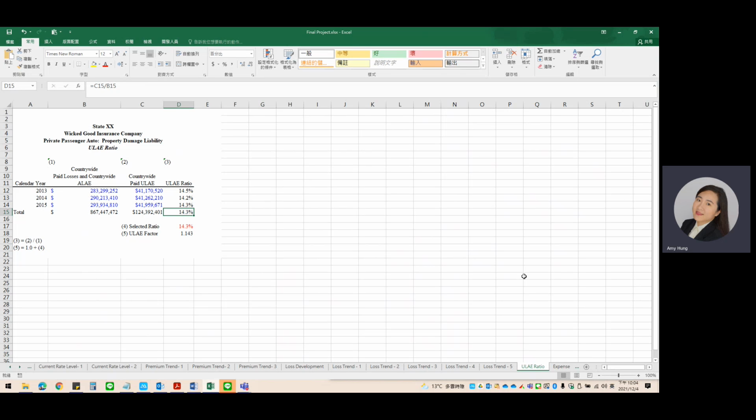In this example, 3 calendar years from 2013 to 2015 of countrywide data are used to determine the ULAE ratio. And I use the average of the 3-year ULAE ratio as the selected ratio. We then convert this ratio by adding 1 to get the ULAE factor.